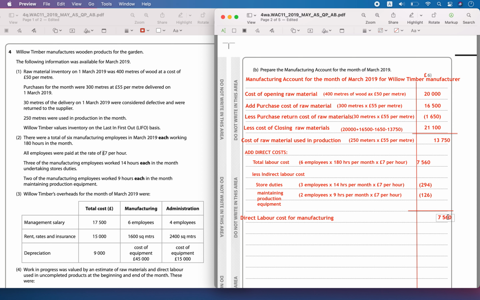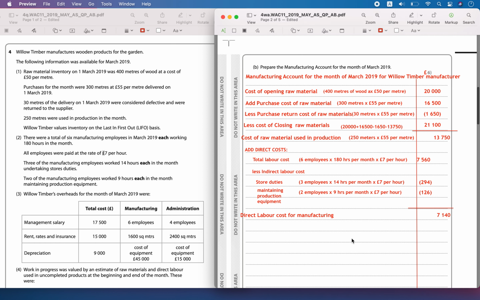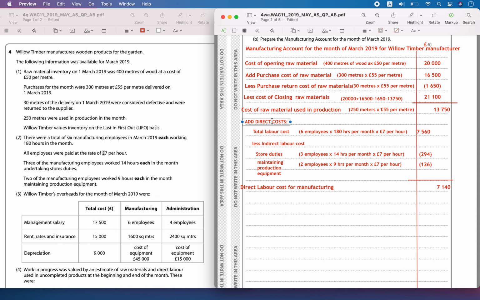This is another cost you will add. Then you have to add the indirect costs, or the overheads, overhead expenses.